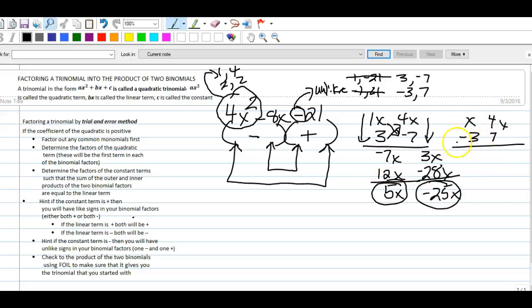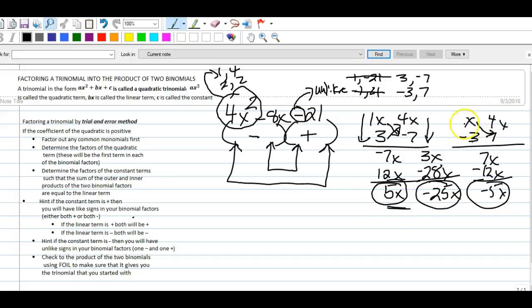If I flip-flop the signs, I know that the signs here are going to flip-flop. But to show you that that is the case, let's go ahead and test one of them. 1x times 7 is 7x, and minus 3 times 4x is minus 12x. And you see that gives me minus 5x, which is the opposite of what I have here.